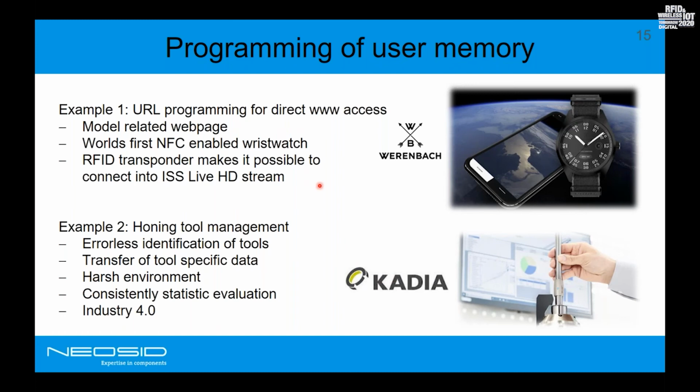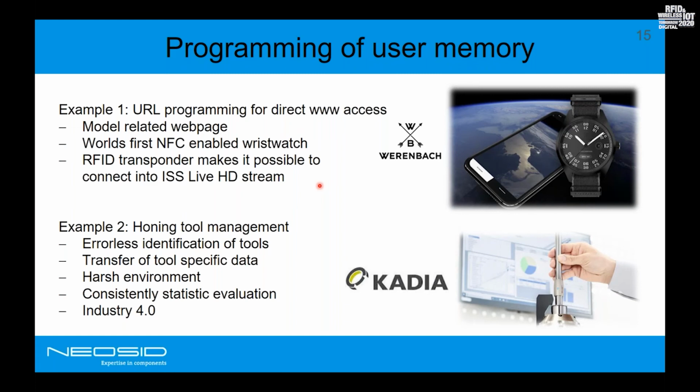The RFID transponder is programmed, and the end customer is able to read the content and have direct access to a web page. In this case, it's with the company Werenbach from Switzerland, and they offer a live stream view from the ISS to the Earth.